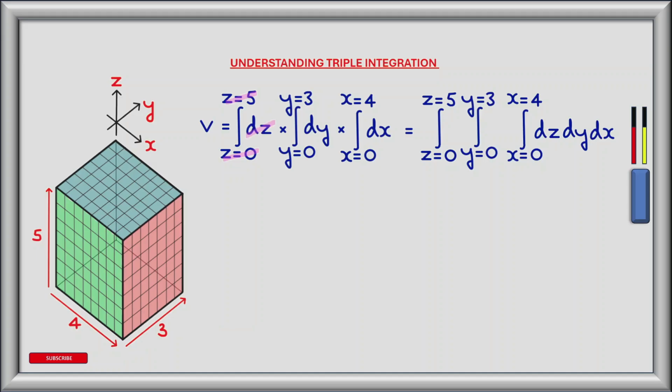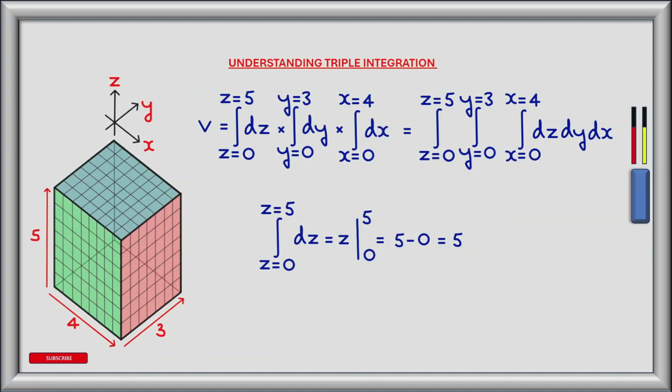The middle integral is the width component, and it's from y equals 0 to y equals 3, so 3 units along the y-axis, and we're integrating dy. And the inner integral is the length component, from x equals 0 to x equals 4, so 4 units along the x-axis, and we're integrating dx.